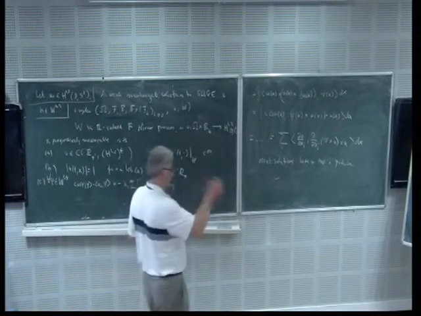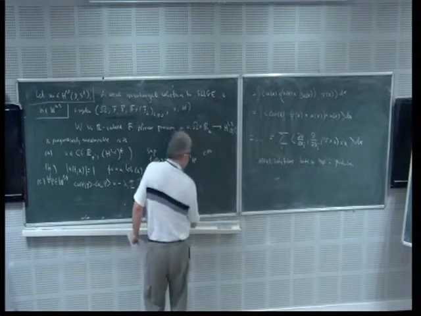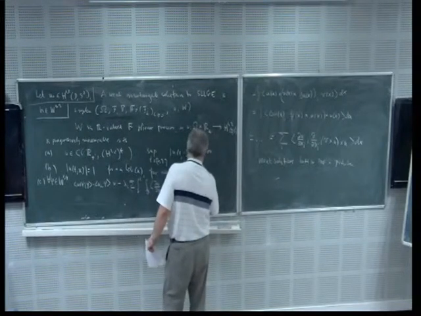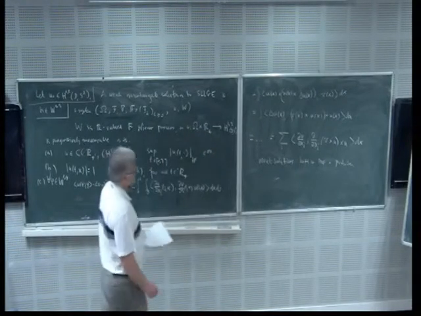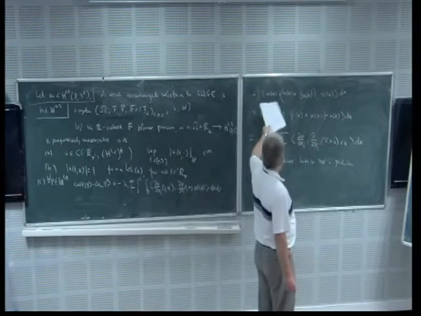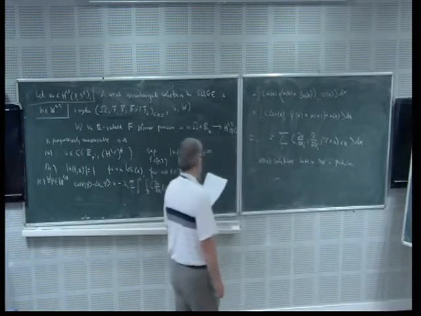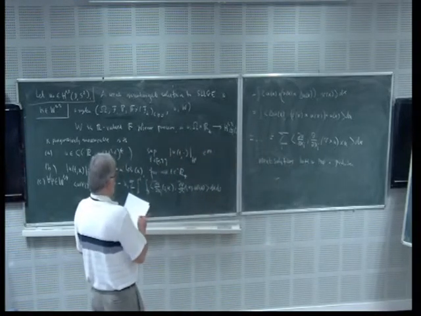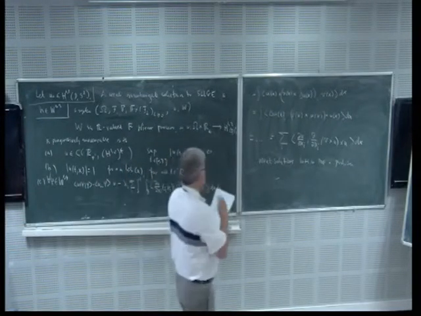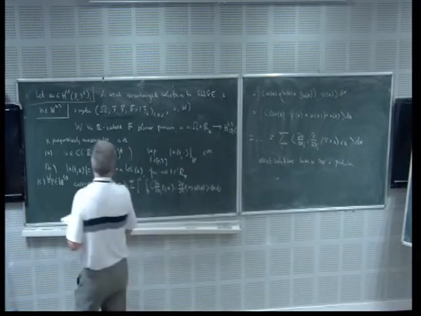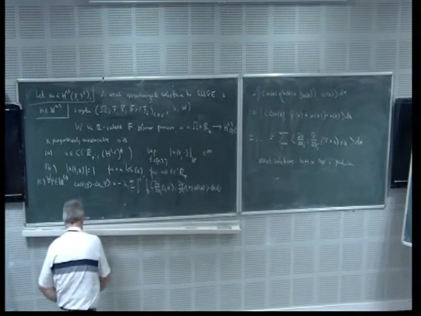We change the order, so we have the test function first, dv over dx_i of (s,x), u(s,x), dx ds. Then we need the term from the second term, and here we start with minus, and here we've got plus. For some reason, my sign in the paper is different from this sign, but whenever you have signs, as you know, you always have to take into account that it's easy to make a mistake.